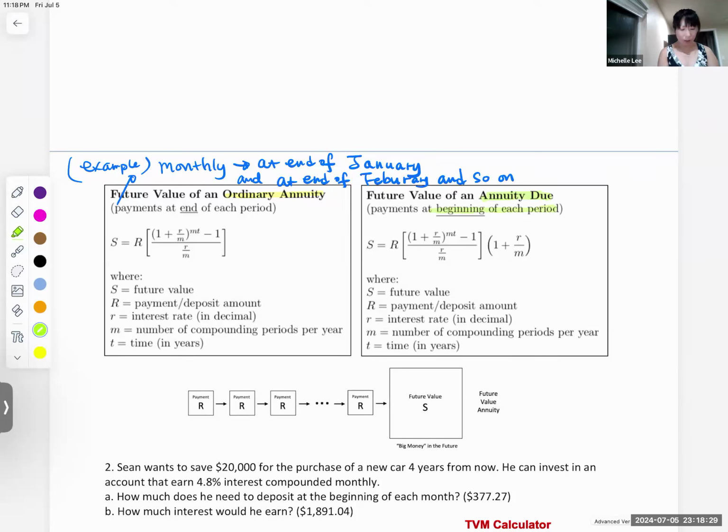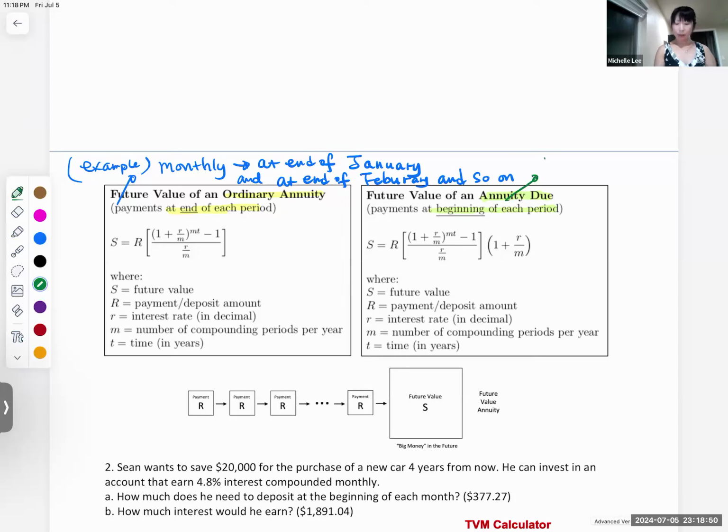So here, let me highlight. Okay, opposite of this one, right? Opposite of ordinary annuity.